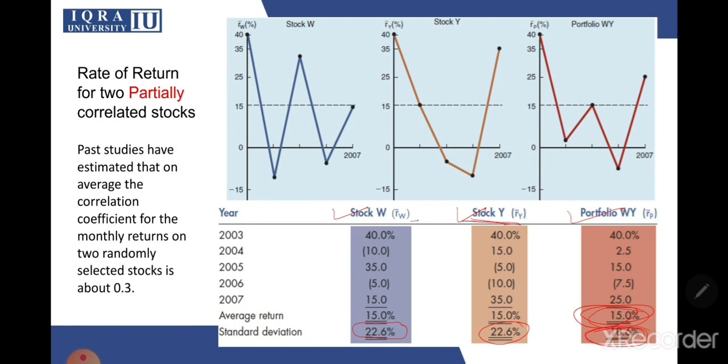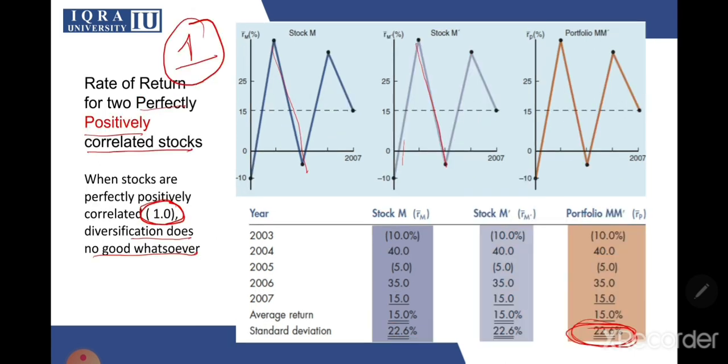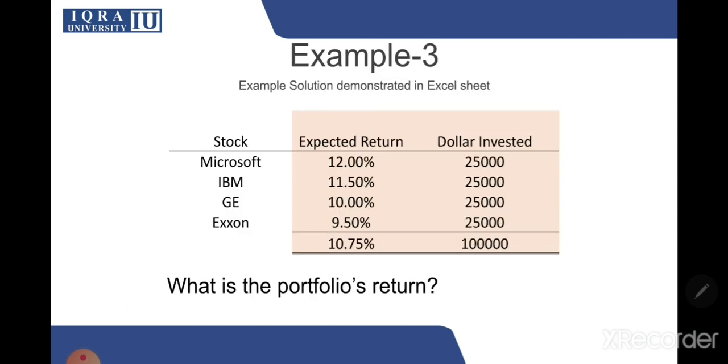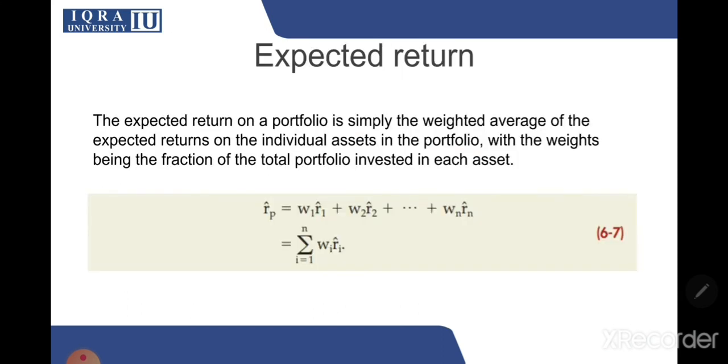The portfolio's risk is generally going to be smaller than the average of the stock standard deviations because diversification will lower the portfolio's risk.